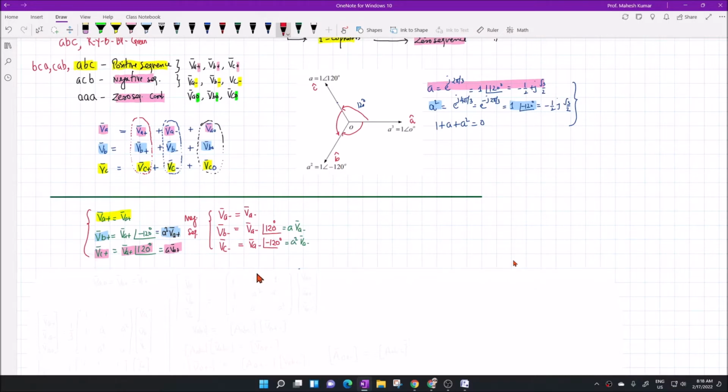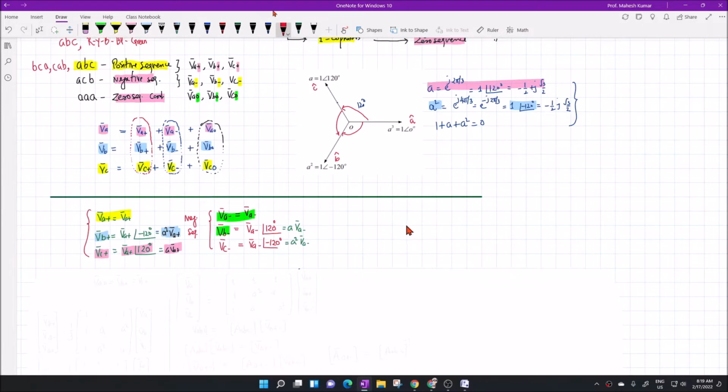Similarly, we can form the relationship between the negative sequence components. So let VA minus be the same as VA minus, a reference point. Then VB minus will be, now the sequence is opposite, it's a negative sequence. In negative sequence, the B phase is leading the A phase by 120 degrees.